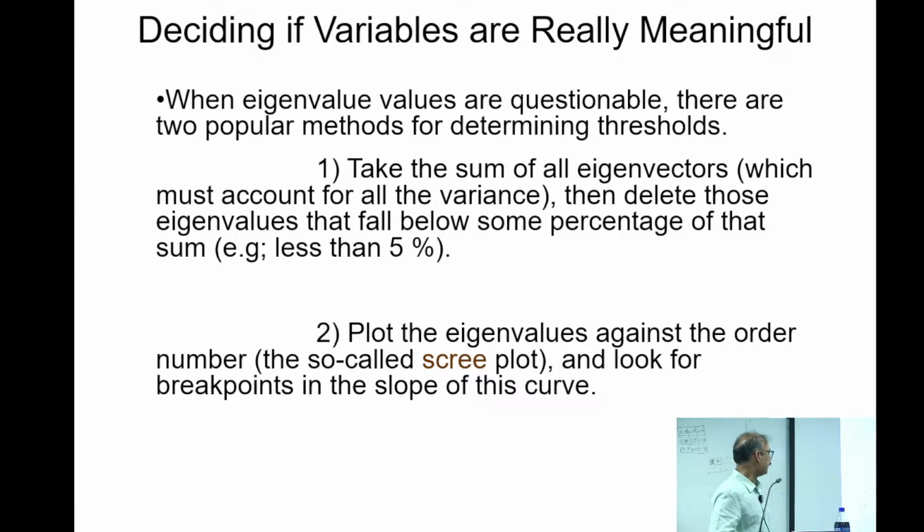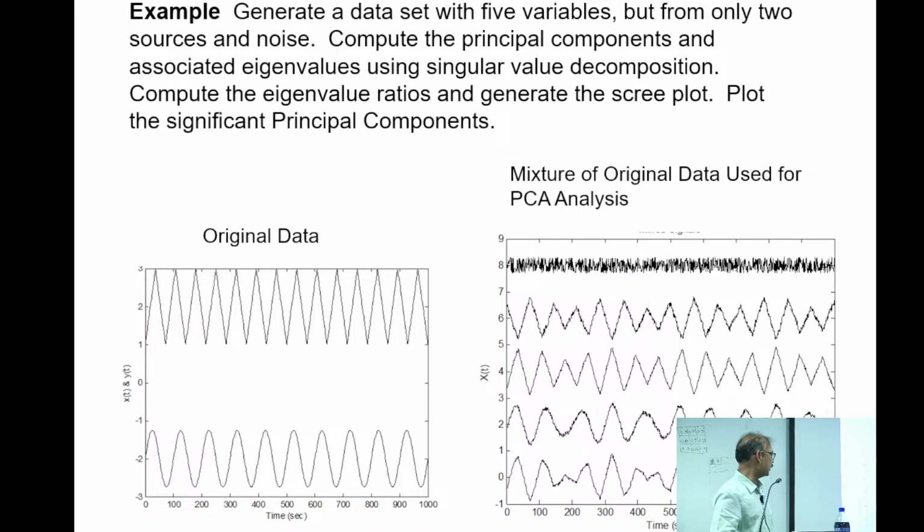So this is just an example. We are generating 2 time series, right? This is a sinusoidal, this is a triangular wave, right? And what I have done here is, can anyone tell what I have done here? I'm generating 5 time series by adding a linear combination of this one and this one with some noise, right?